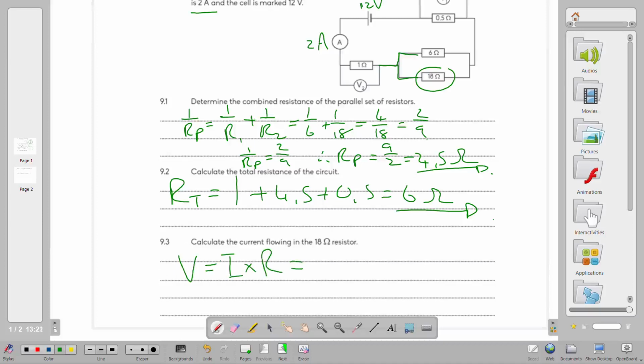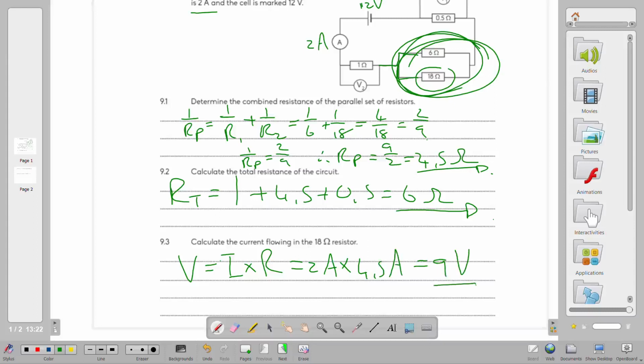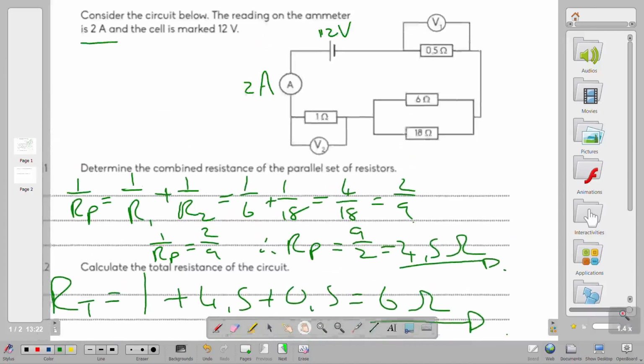What's the current flowing through this entire section? Well, we know that it's 2 amps. Even though it's split up, the total current stays 2 amps. What's the total resistance of this section? We just calculated it as 4,5 ohm. That's the parallel resistance, which gives me 9 volts. That means that the potential difference, let's just quickly zoom in a bit on this section here.